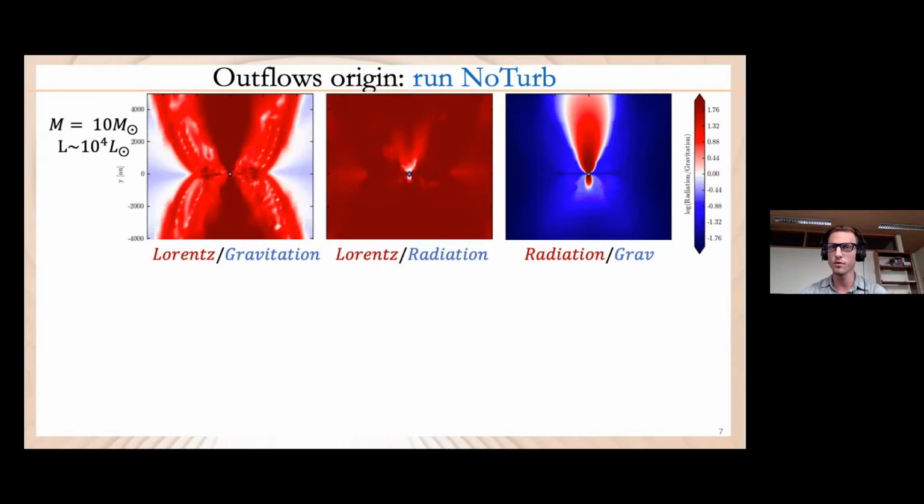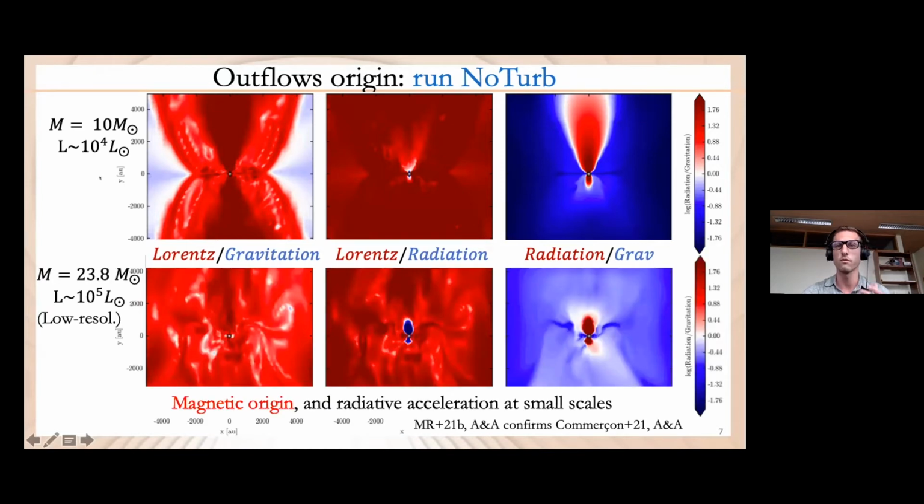However, when you compute the ratio between both forces, you find that actually the Lorentz force dominates over the radiative force, so that the outflow is mainly of magnetic origin. And this is true up to 10^4 solar luminosities, and actually even 10^5, even though you find that close to the sink, in the star vicinity, the radiative acceleration dominates.